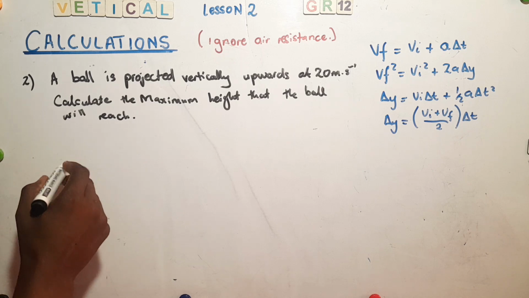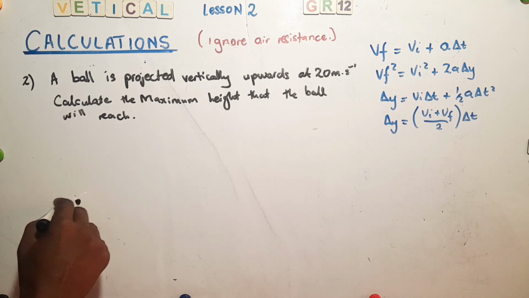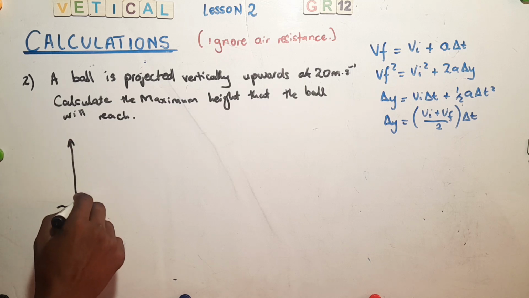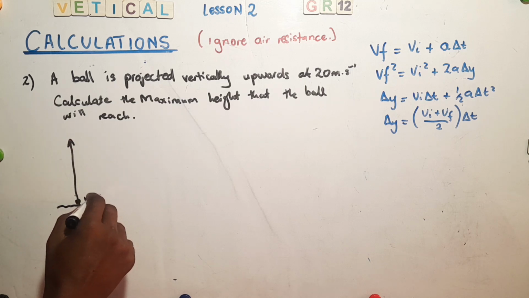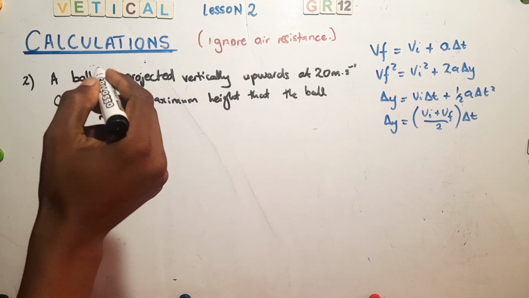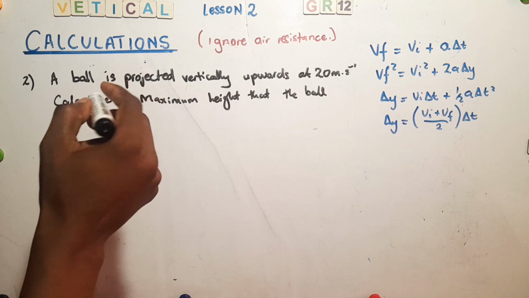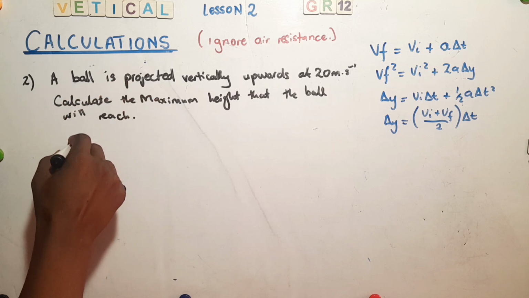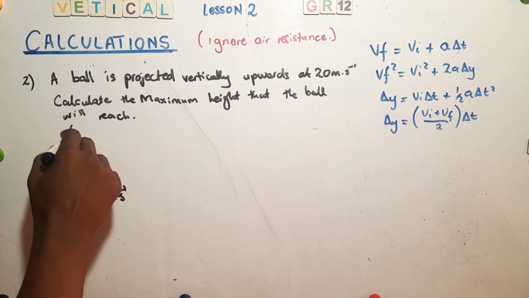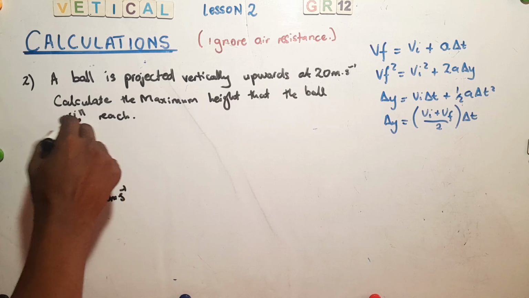So obviously this ball is projected from somewhere going upwards, and the velocity here is 20 meters per second. So we need the maximum height that this ball will reach, right?